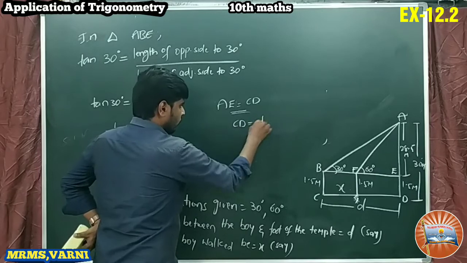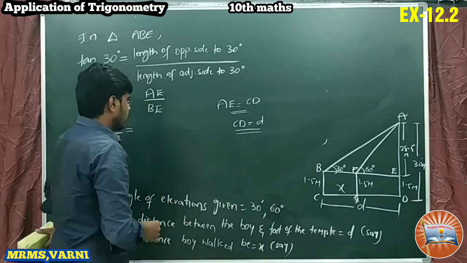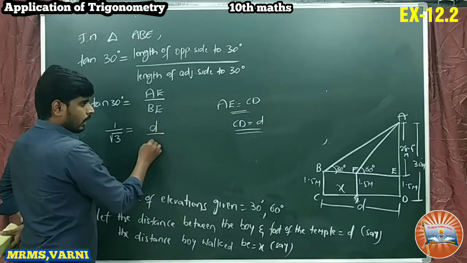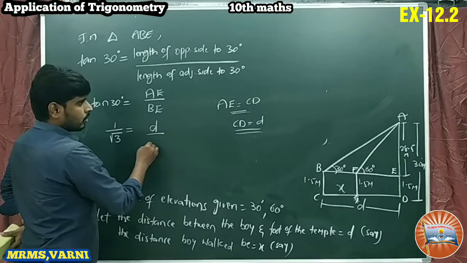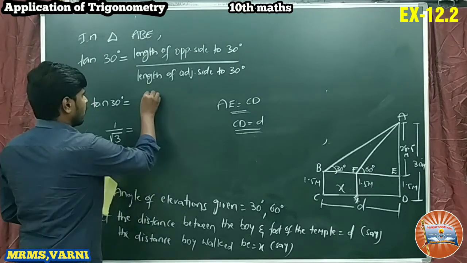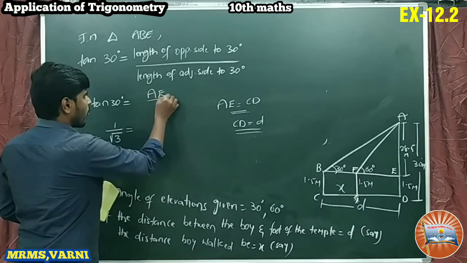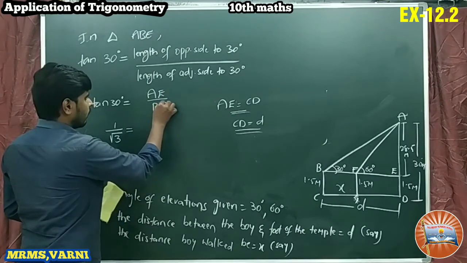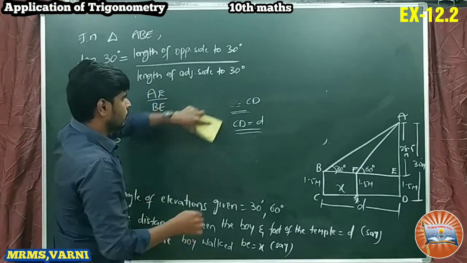CD value we have D. Now we can write in place of AE, AE by length of opposite side of BE. So BE is equal to CD here.